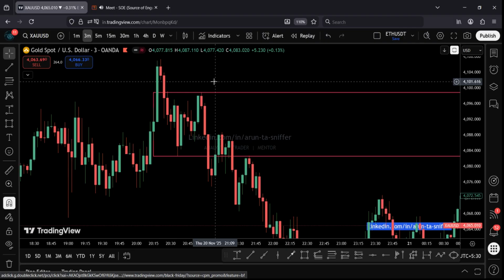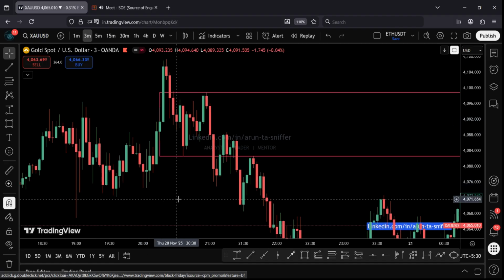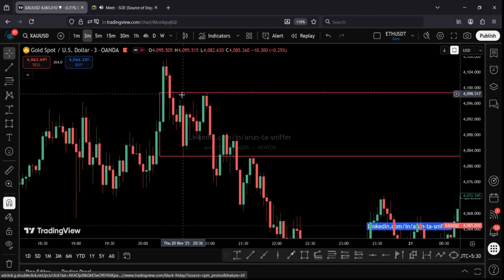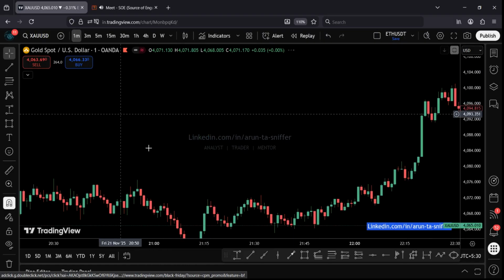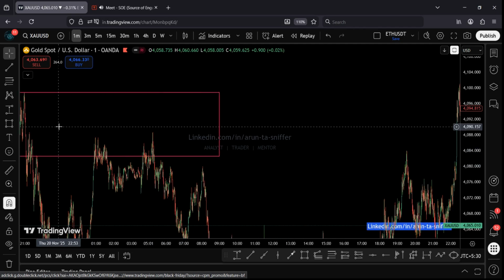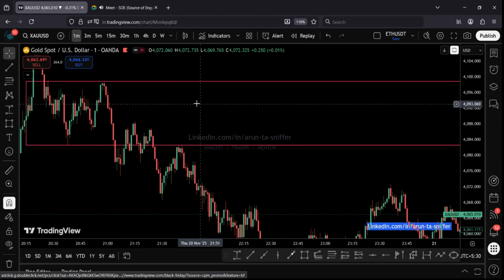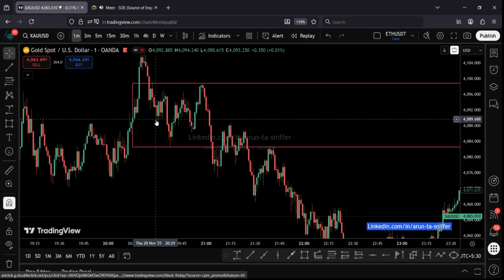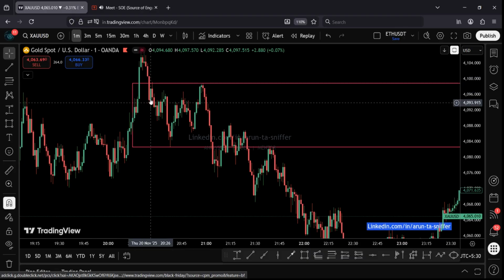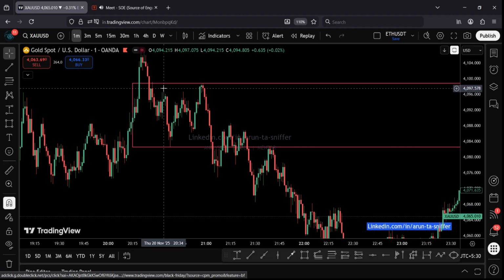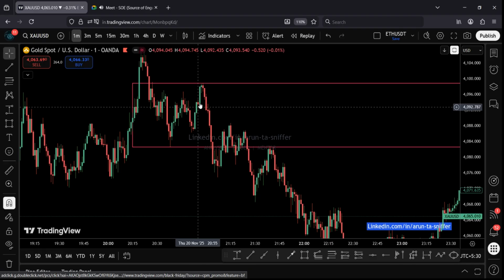So what type of structure is here? This QA. Let's go on 1 minute so you can see clearly what happened here. Price comes down, goes back up to this zone. So we will not consider this pullback. We will look at only this pullback. Comes down, goes up, comes down, goes up.